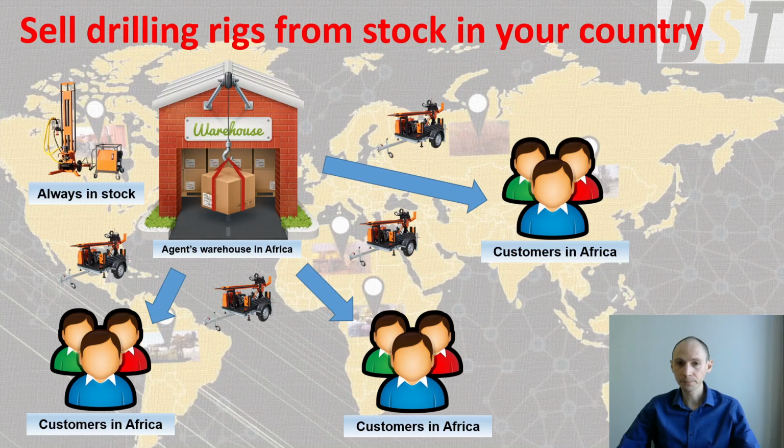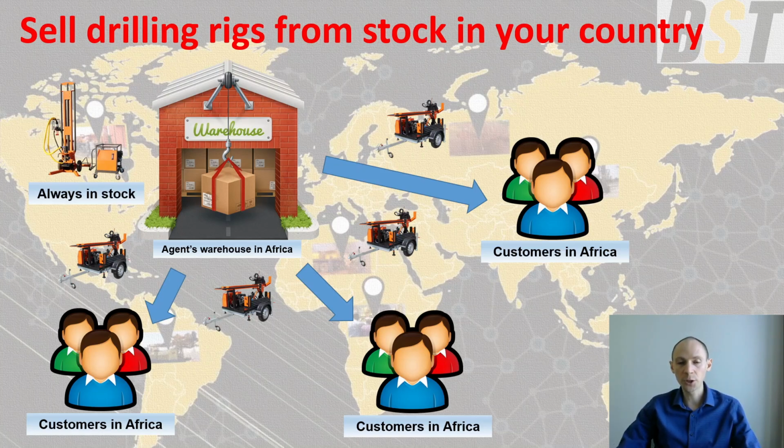So let us say you sell these two drilling rigs on trailers, which we have delivered to your warehouse in a 20-feet container. But after this, you need to continue your activity as the agent, marketing and selling our drilling rigs, because the next container will be on the way for you to sell.